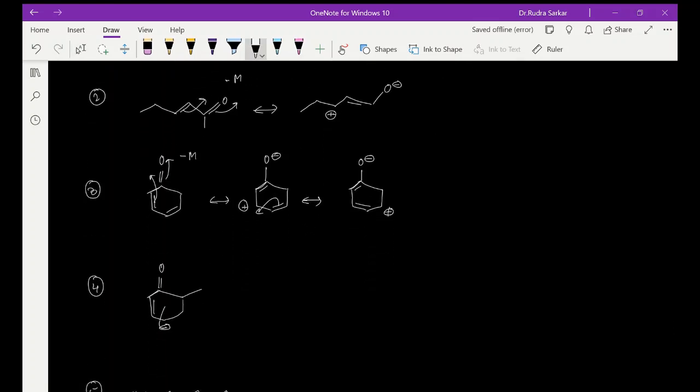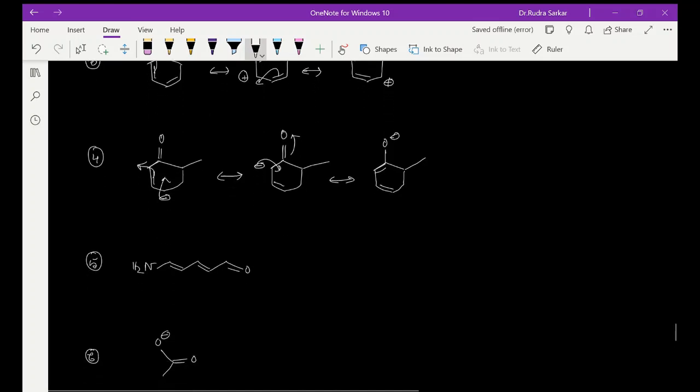Again, the negative charge moves towards the pi bond, so that goes in here, and so this is the second resonating structure. Negative charge moves towards the pi bond, and hence these are the following resonating structures that we will get for this molecule.